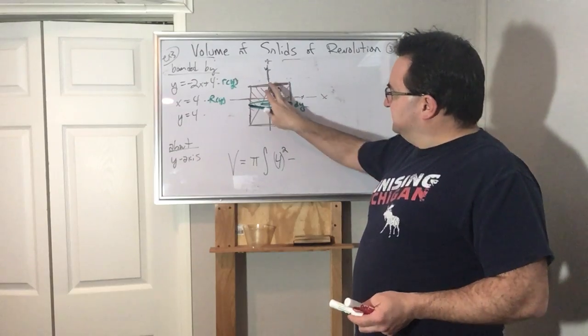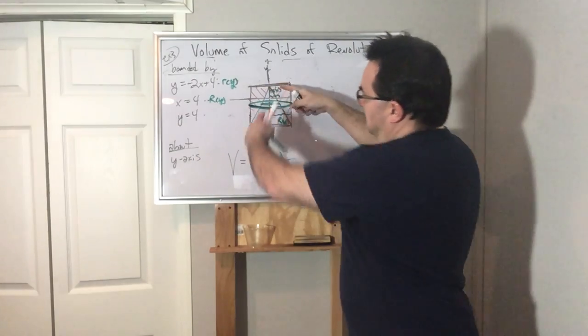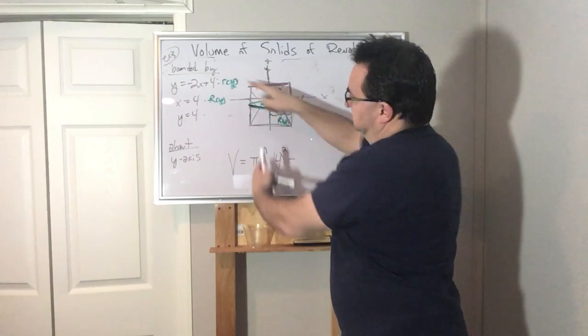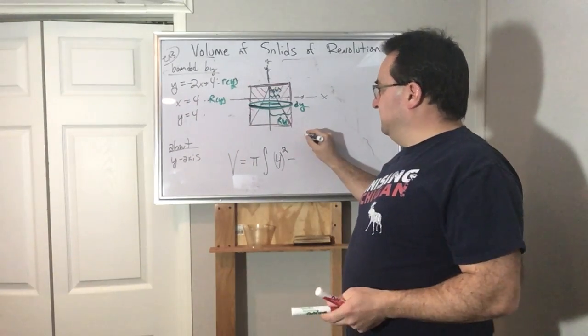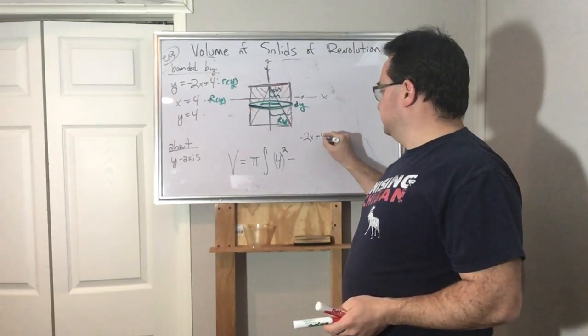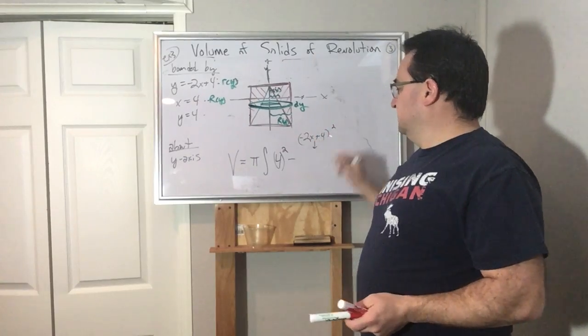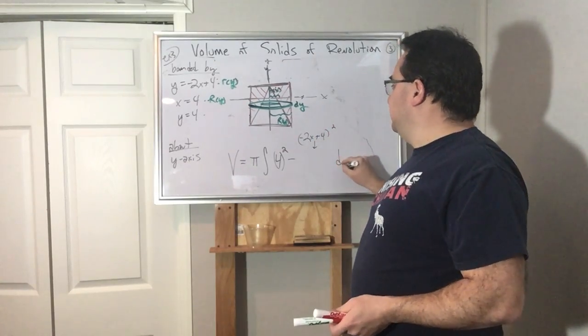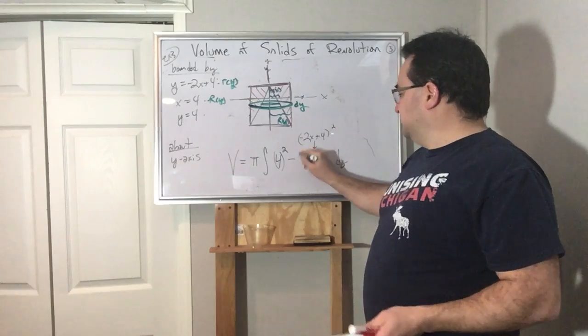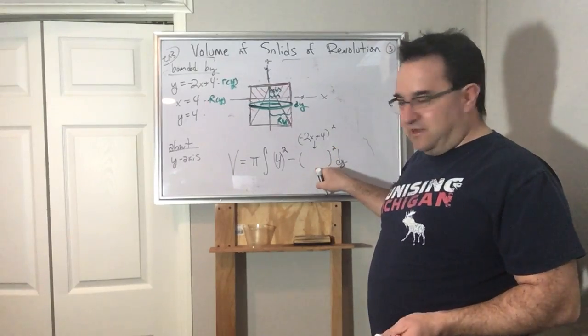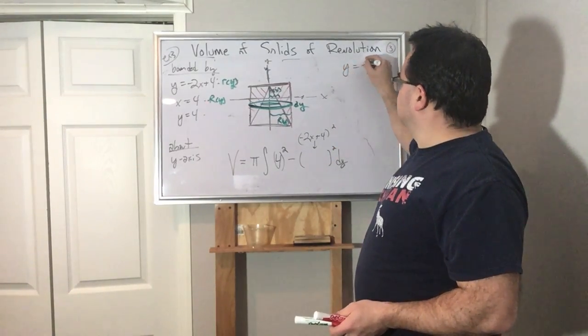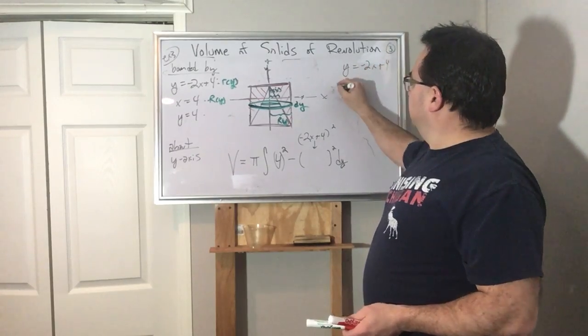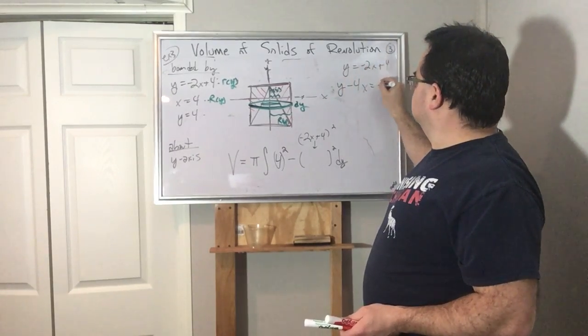My inner radius tracks along the line that was given. So I want to put minus 2x plus 4 squared, but this is a dy integral, so this has to be y stuff. So I got to take my equation and I got to solve it for x.